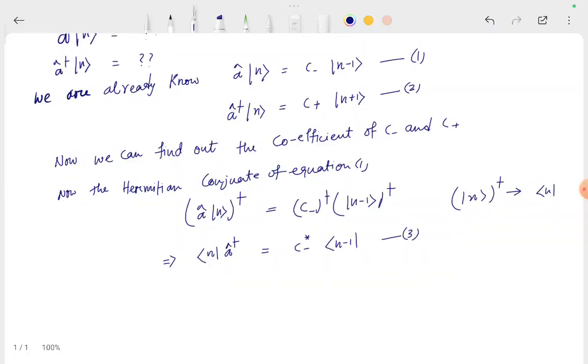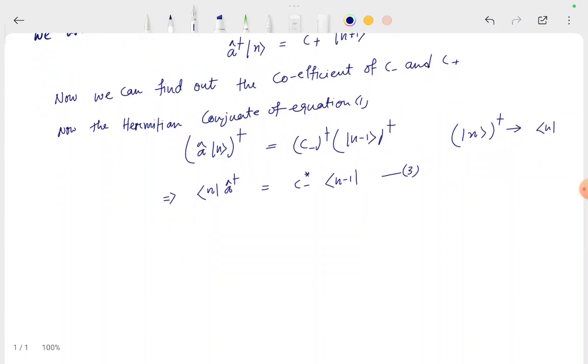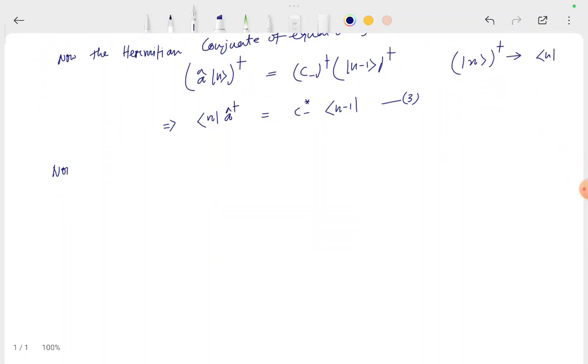Now take the scalar multiplication of equation 1 and equation 3.